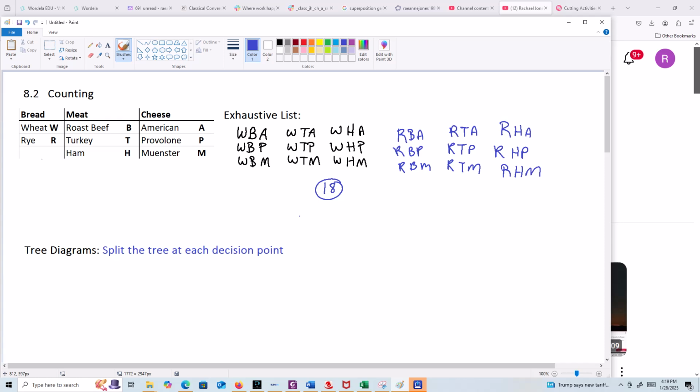All right, so that's how you count. You can also create a tree diagram, and you do this by splitting the tree at every decision point.